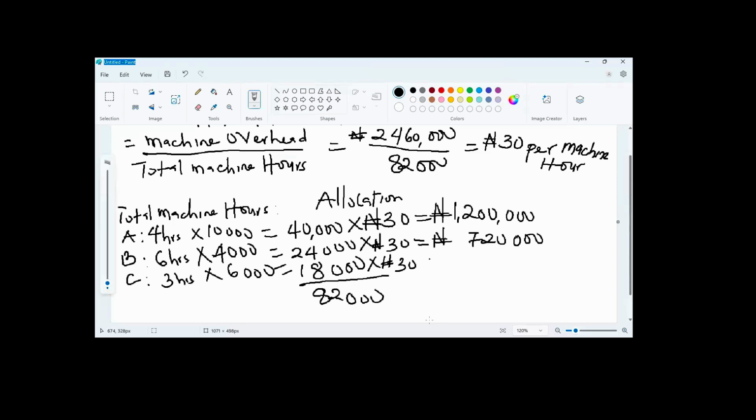Next, 540,000 here. When you sum up these three, it must give you 2,460,000. If you don't get 2,460,000, that means there is an error in your calculation.